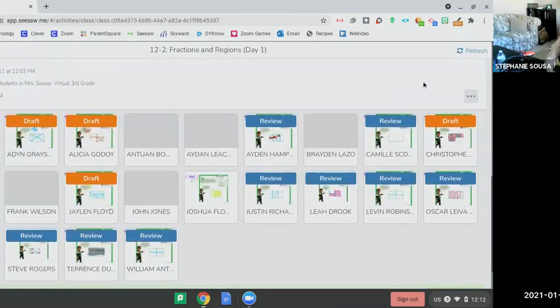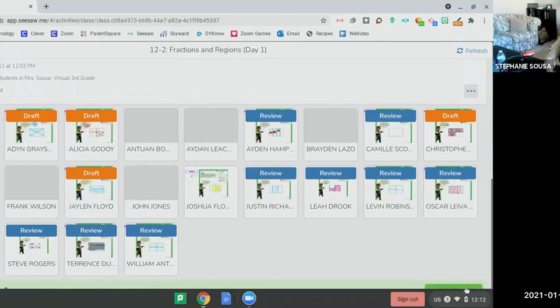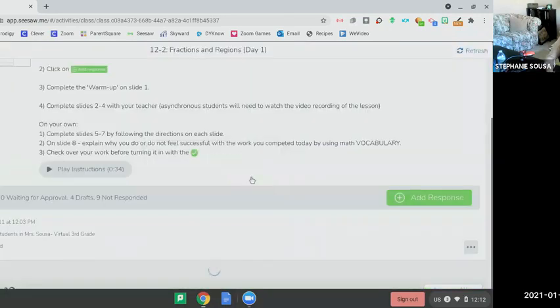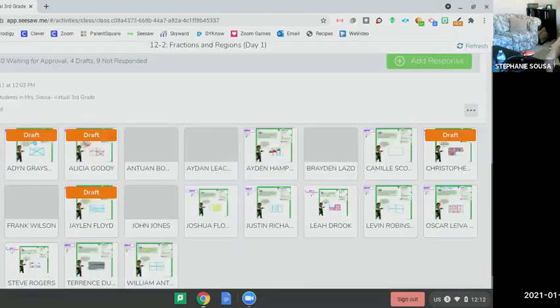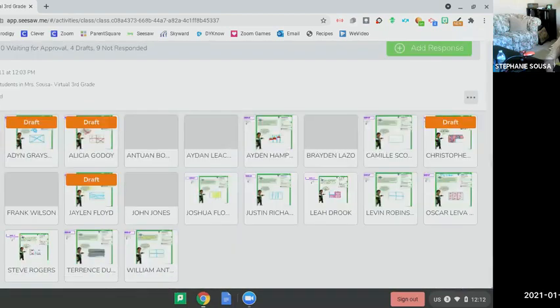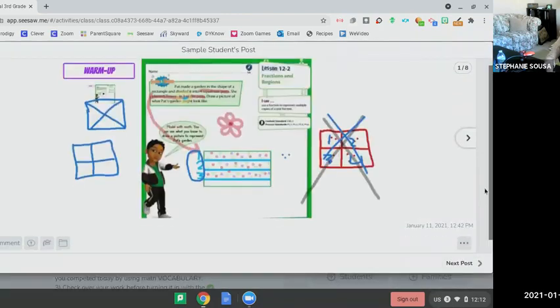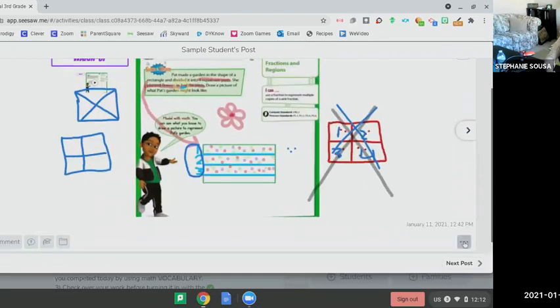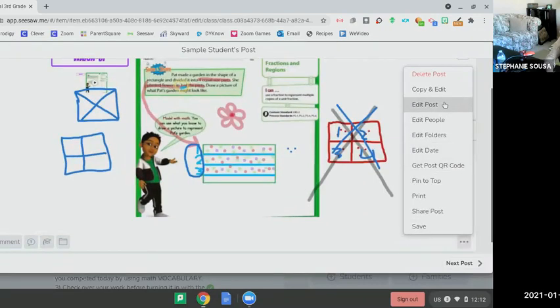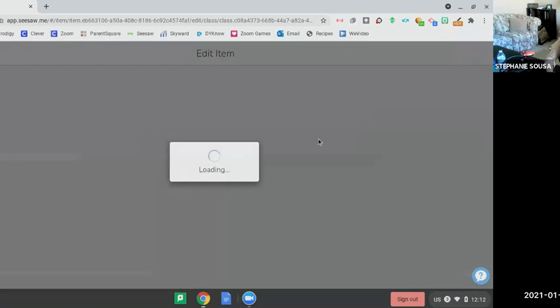And some of y'all returned these back to me, so I'm going to give them back to you so you can edit them. Okay, I want you to open up your work from yesterday. So I'm going to click on my work from yesterday. I'm going to select edit. Everybody is editing their work from yesterday. Everybody. Click on edit post.